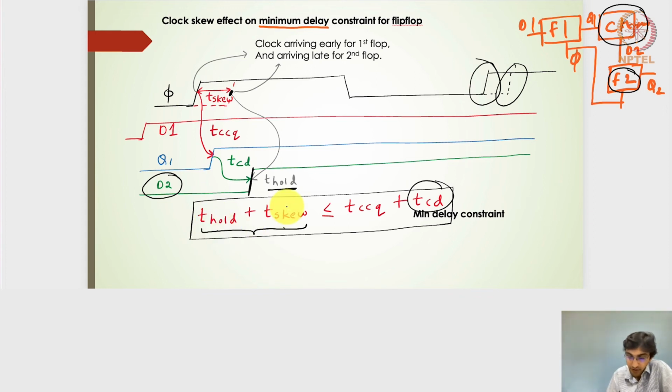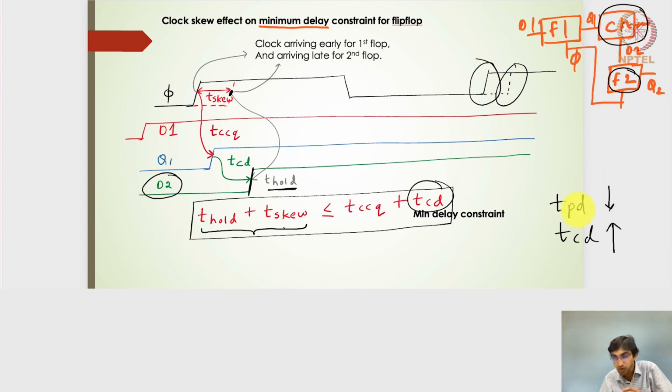But now, because of the clock skew, the TCD value has further increased. Remember, any combinatorial circuit is characterized by TPD and TCD parameters. In this case the TCD increases because of the T skew, and in the earlier slide we had seen that the TPD decreases.